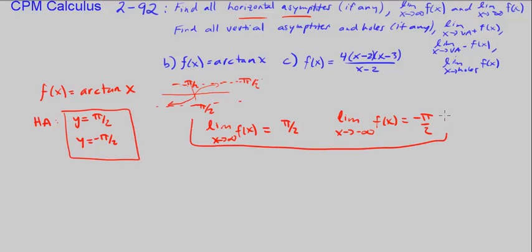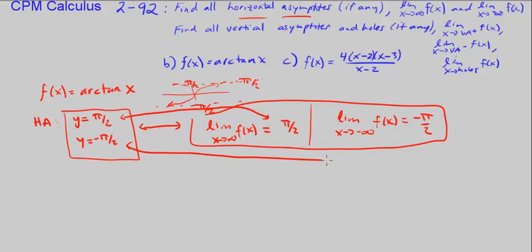So we can see how these are related to the horizontal asymptotes. Here's one of them, these are the same, and here's the other, these are the same. So we can predict that we have horizontal asymptotes where the limit of our function approaches infinity and negative infinity.